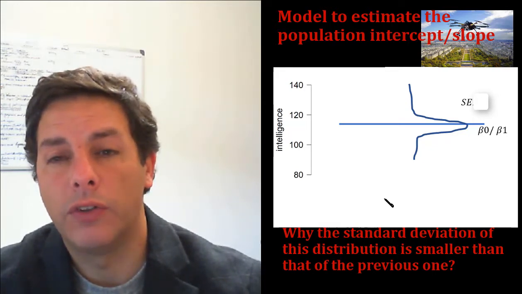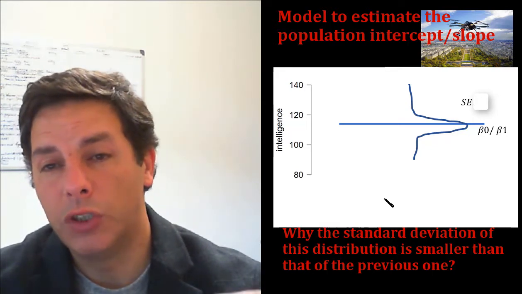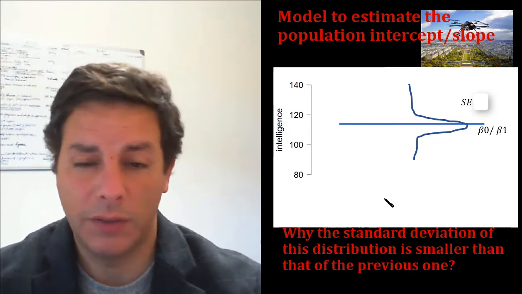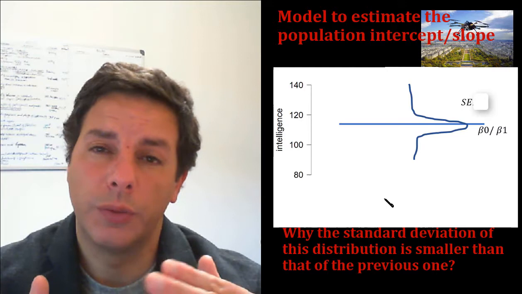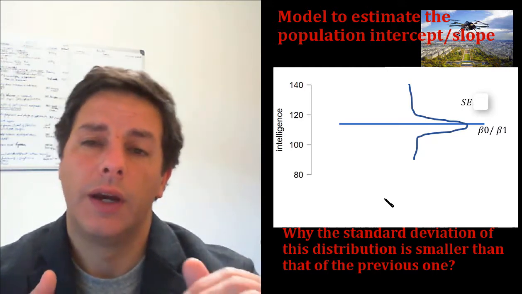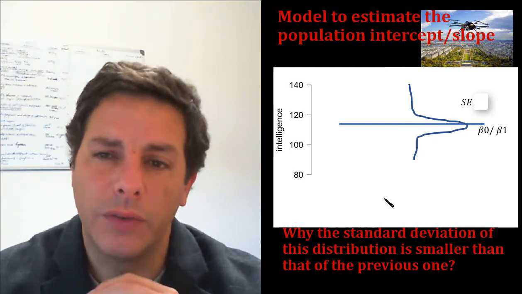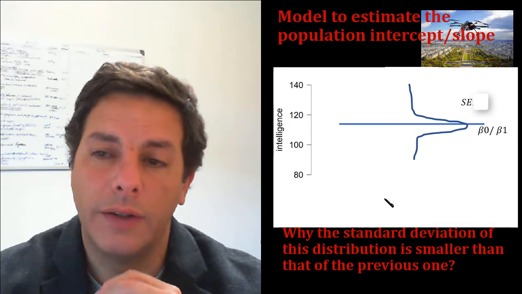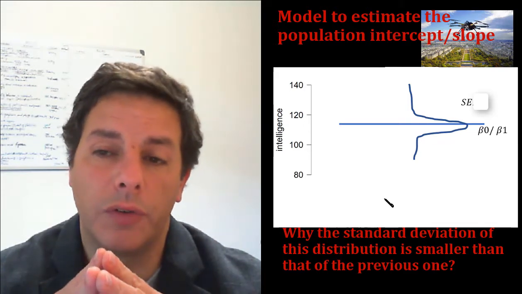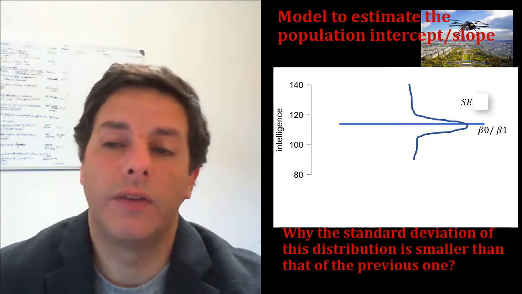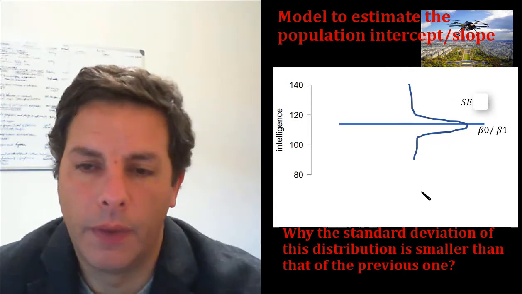So now we've got 10,000 samples, and each of them has a beta 0 and beta 1. So we now have a sampling distribution for the beta 0s and a sampling distribution for the beta 1s. And that is the sampling distribution of these parameters, and those have a standard error.